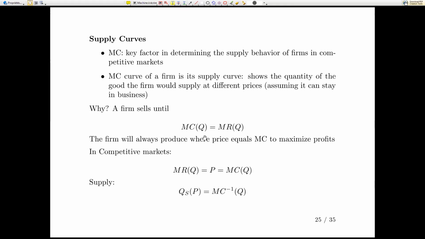The firm sells such that the marginal cost at a certain quantity equals the marginal revenue at that quantity. In competitive markets, the marginal revenue is simply the price. If the market price is $10, then 10 is my marginal revenue, and it's the price, and it's going to be the marginal cost, and the supply is the inverse of the marginal cost.